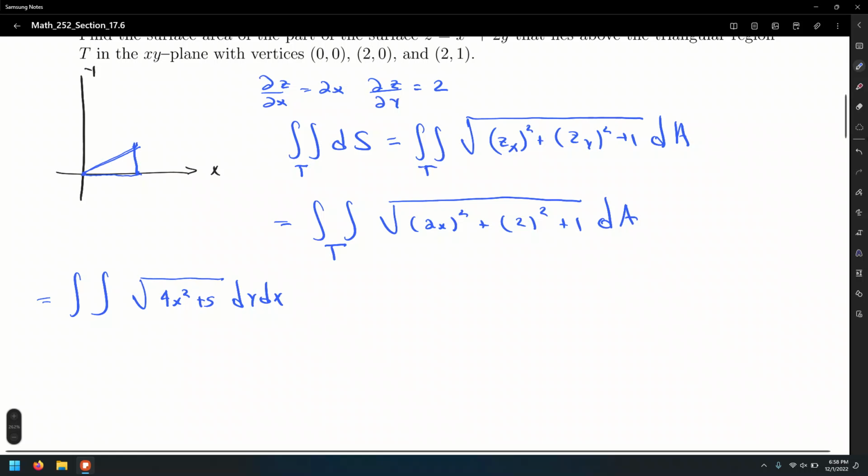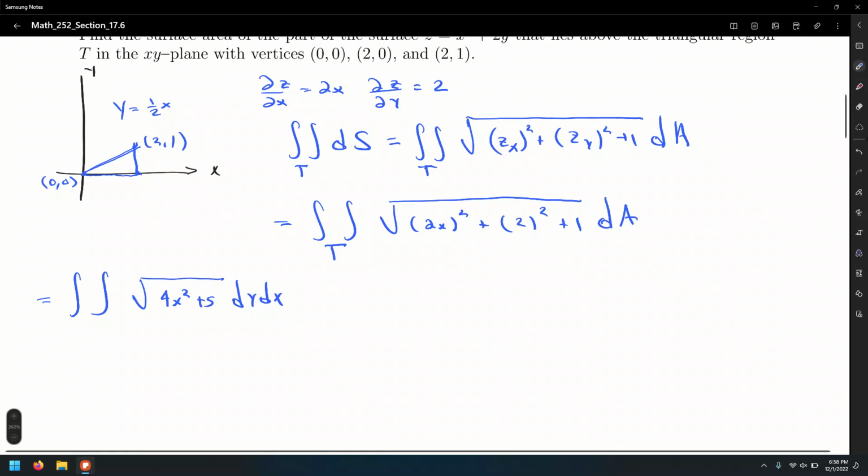And now let's find the limits. That's where we are going to iterate the integral. We're going to go dy dx or dx dy. I think dy dx is more convenient. We can find the equation of this line, which passes through the origin (0, 0) and the point (2, 1). It has a slope of 1/2, in fact, so that's y equals 1/2 x plus essentially 0 because it passes through the origin, but we don't need to write that 0.